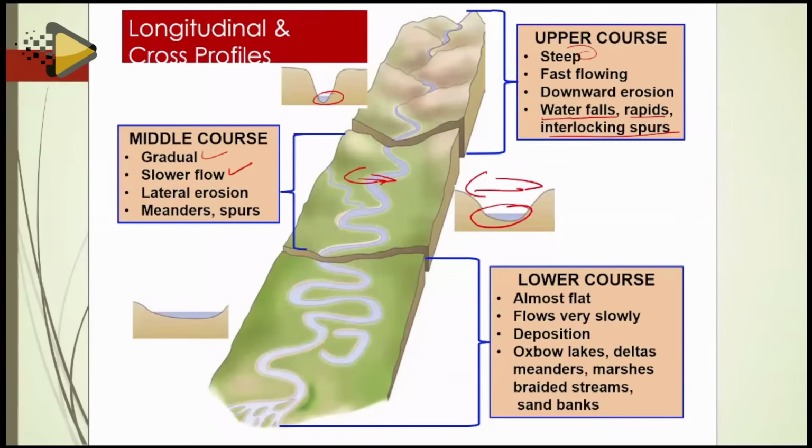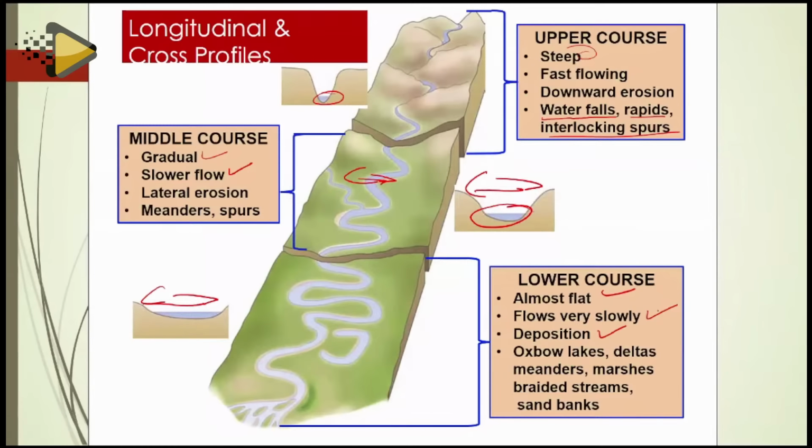And then we have the lower course. What is happening in the lower course? The river is almost flat. The river is flowing very slowly.